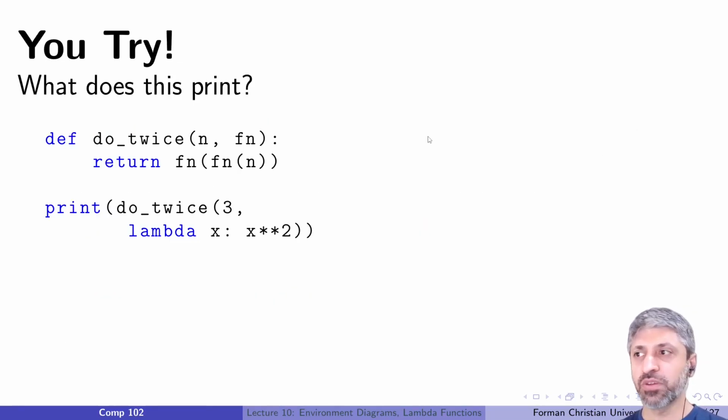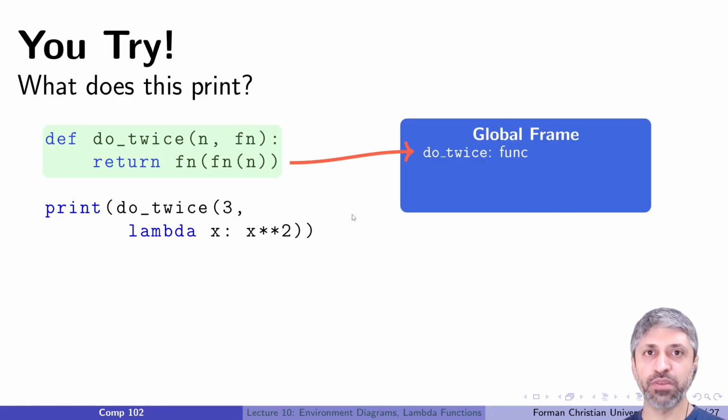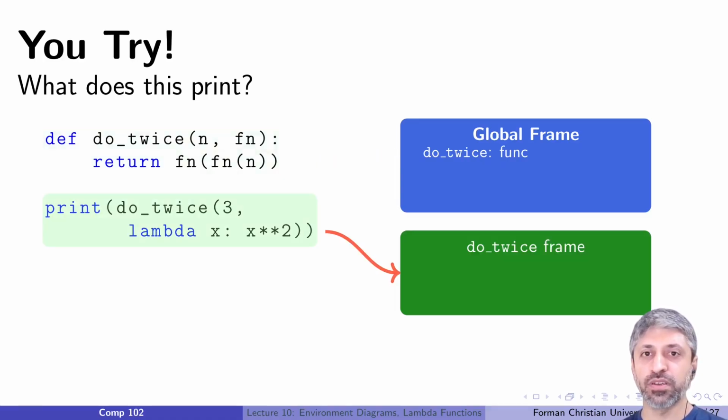So now let's trace through a bigger example with a full environment diagram. First, the global frame picks up the do twice function as a function object. Then we call it with the parameter, the value of n is 3. And what about the function? That's the second parameter here, so we pass in the lambda object.